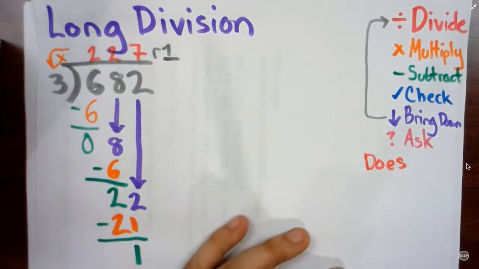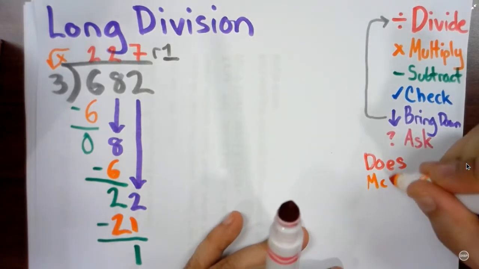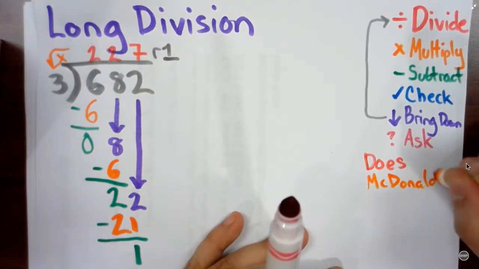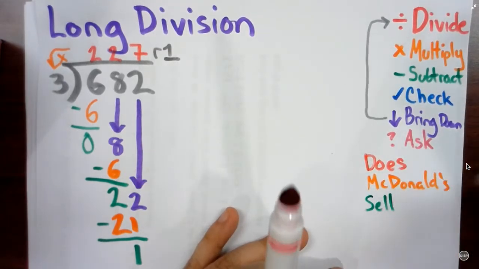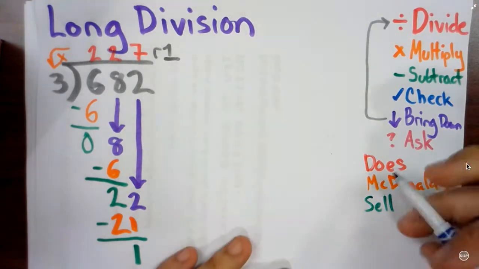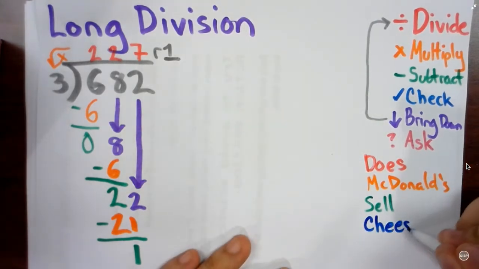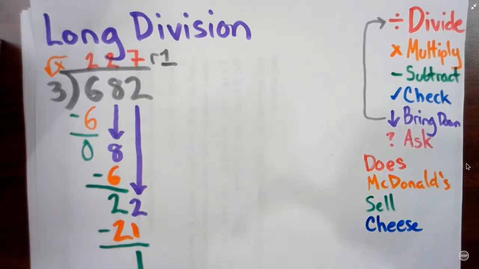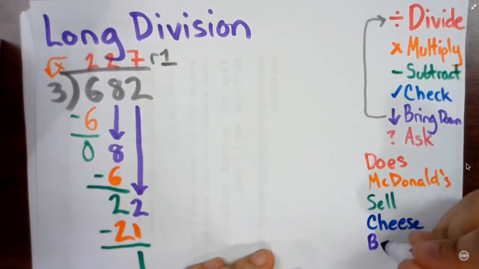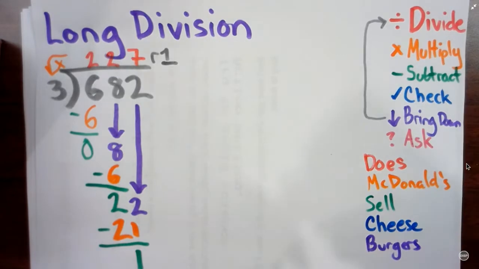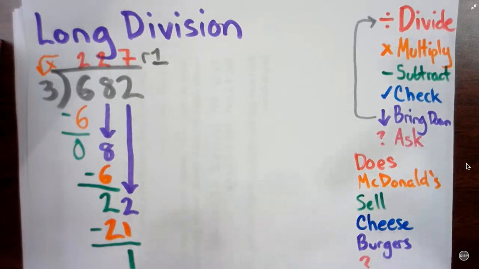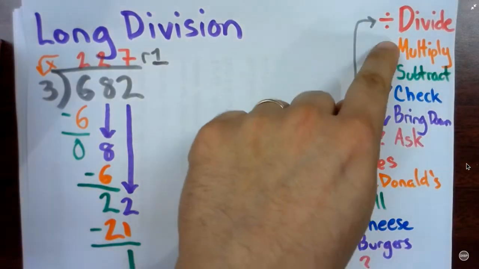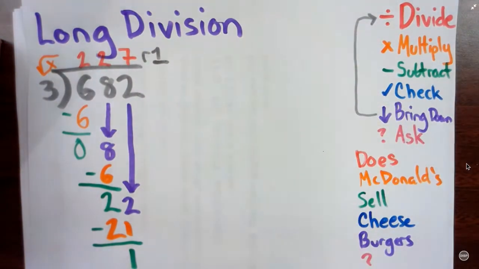Does McDonald's sell cheeseburgers? And of course, that means that we're ending that thought with a question mark. And so that just helps kids to remember those steps. If they remember, does McDonald's sell cheeseburgers, they'll remember DMSCB, and of course that question at the end.